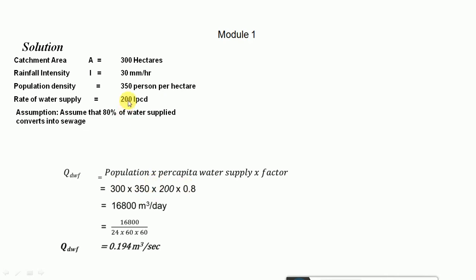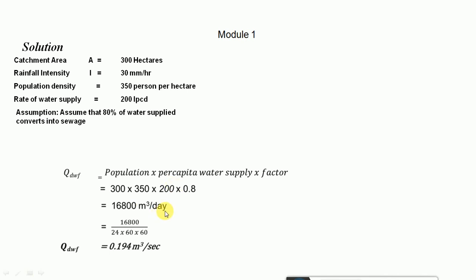Out of this total water supply, 80% will be converted into sewage, so it is multiplied by 0.8. We get the value as 16,800 meter cube per day.